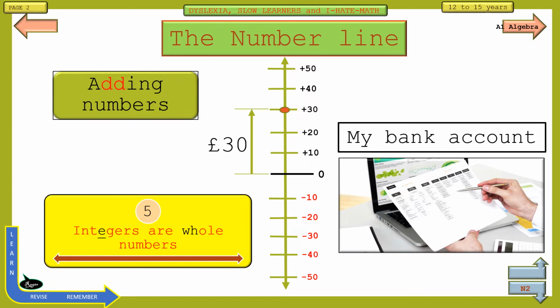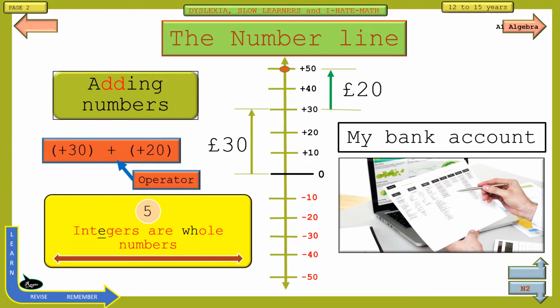You can see we have £30 in the account. Now we will add £20 to make it £50. To express this in mathematical terms, we have positive 30 plus positive 20, and the plus in the middle is called the operator. That tells you what to do.